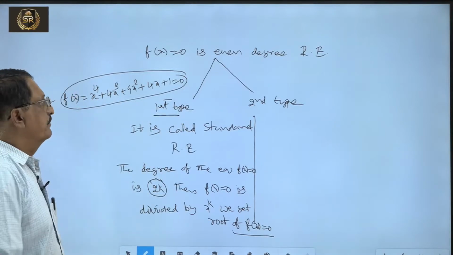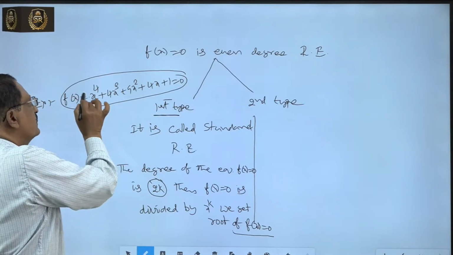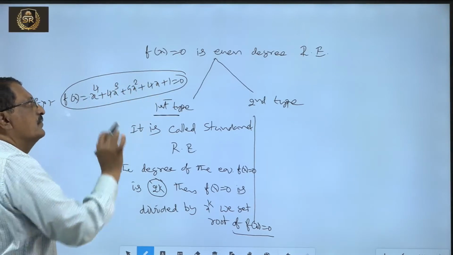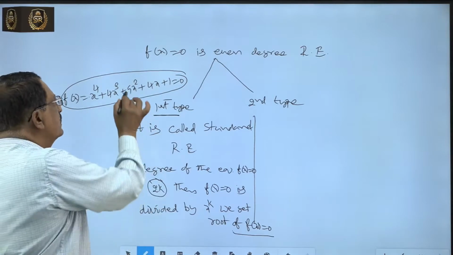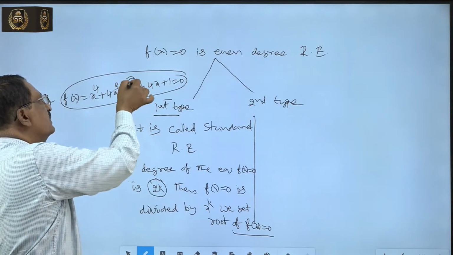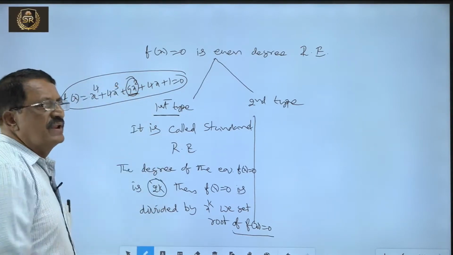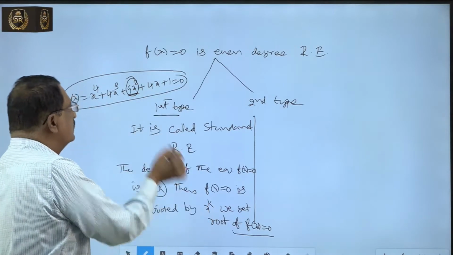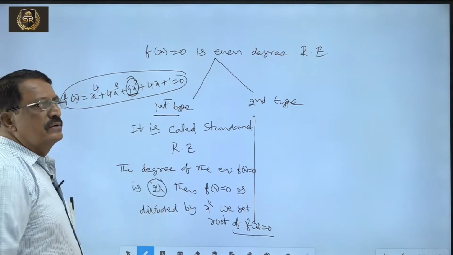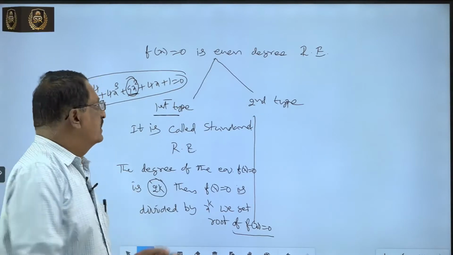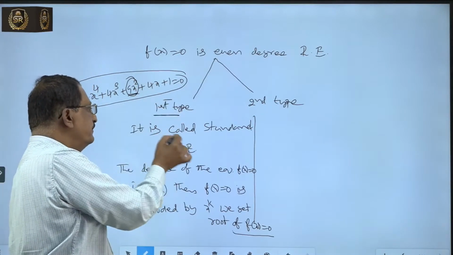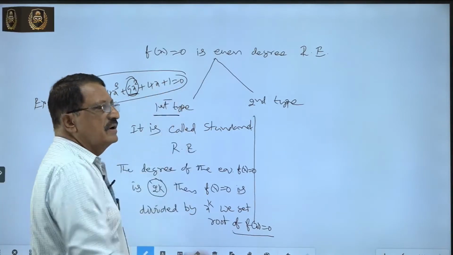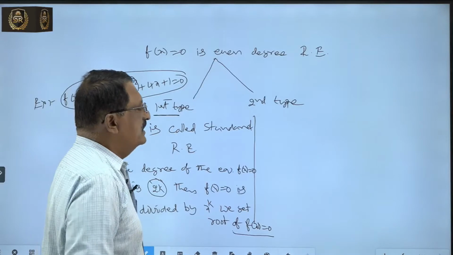Here the coefficient of x to the power of 4 is 1, the constant is 1, the coefficient of x cube is 4, and the coefficient of x is also 4. The different one is the middle term. Now only divide the equation by x square, then we get the roots of the equation. It is a standard reciprocal equation.